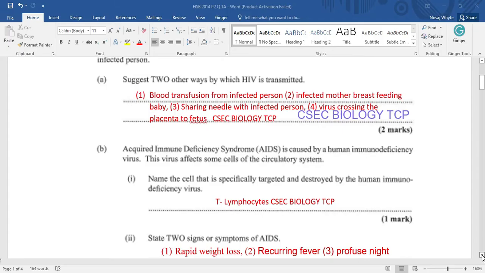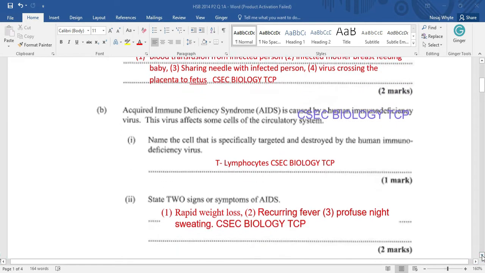Name the cell that is specifically targeted and destroyed by the human immunodeficiency virus. And this is going to be your T lymphocyte cells. That's the cell that the virus usually targets, and having destroyed this cell, the immune system is usually weakened. State 2 signs and symptoms of AIDS.